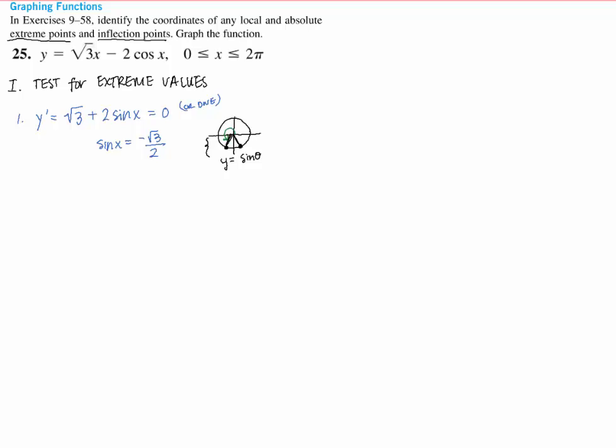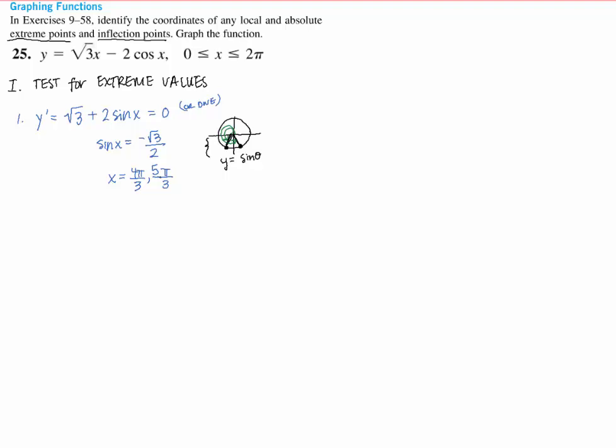If you remember that the ugly values of the sine happen at pi over 3. That's just what I remember. So that means that x is pi over 3 past pi, which would be 4 pi over 3, and then one more pi over 3 around this way, almost to 2 pi. 2 pi in thirds would be 6 pi over 3, but we don't quite have that many, so we have 5.